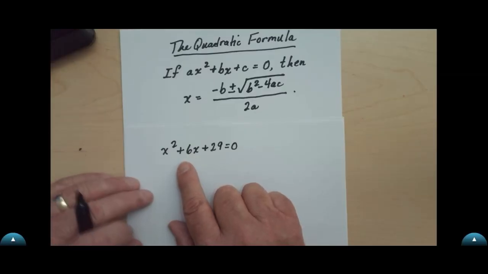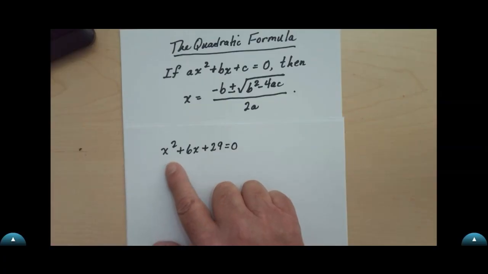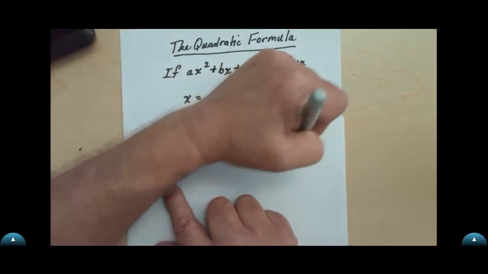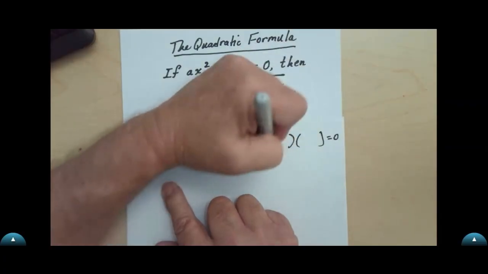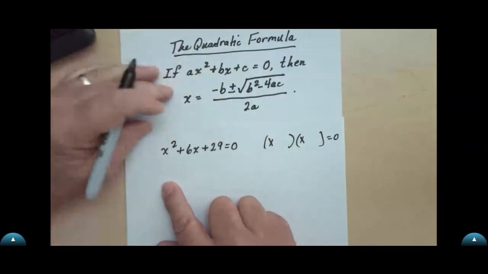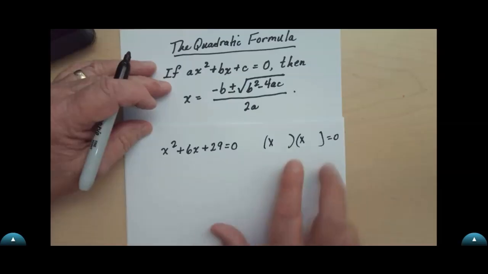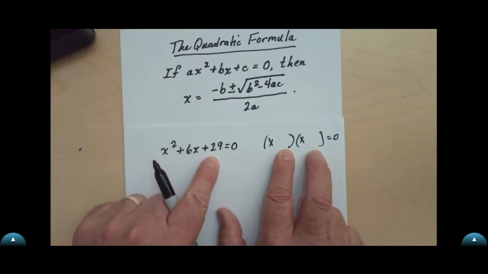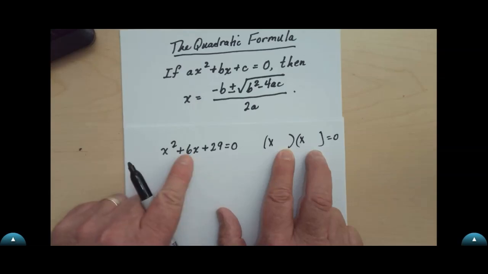But just to show you a simple example to get you thinking about it, this one would be real easy to see why it can't be factored. Because if it could be, you'd have to start with x and x to get x squared. You know that these last two numbers have to multiply to be positive 29, and they have to add to be positive 6.